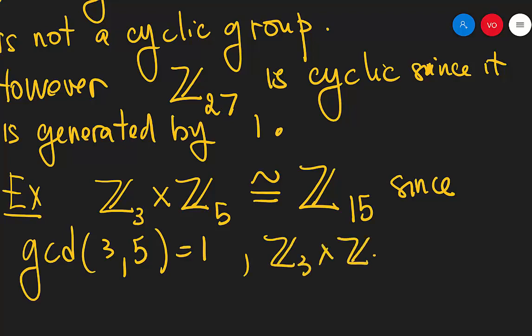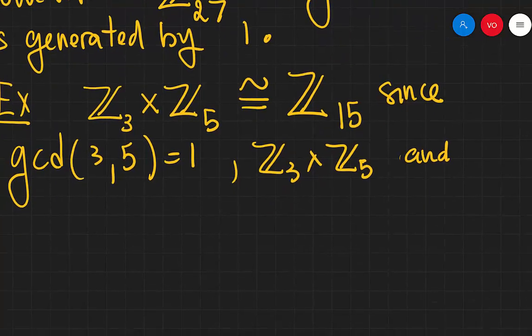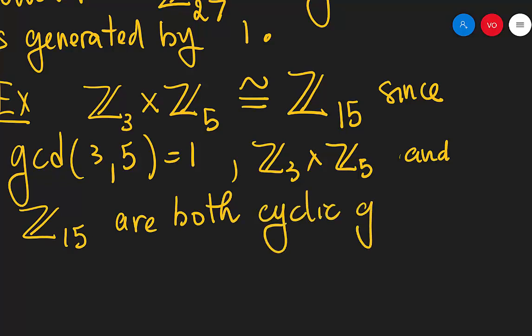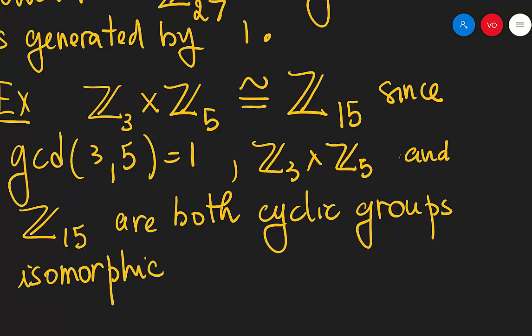Z3 cross Z5 and Z15 are both cyclic groups, both cyclic groups of order 15, I mean.